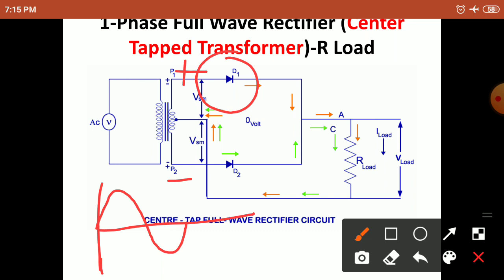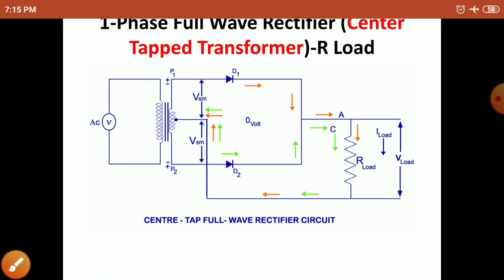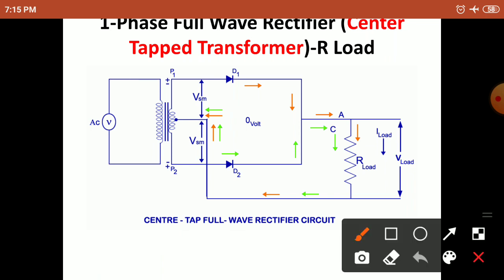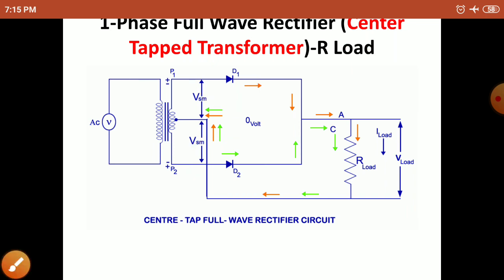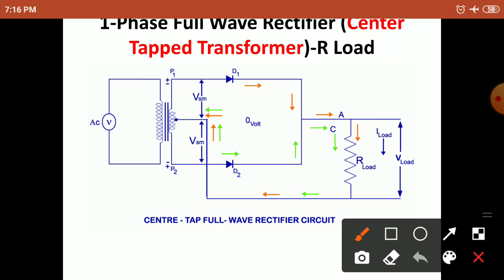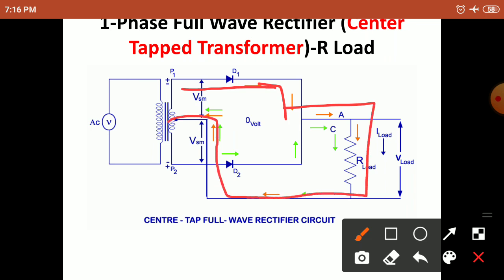How the current flows is indicated by the orange arrow. When diode D1 is forward biased and D2 is reverse biased in the first half cycle, the flow of current is indicated in orange: from the source through D1, then to the load, and back to the supply. This is the flow of current when diode D1 is acting.